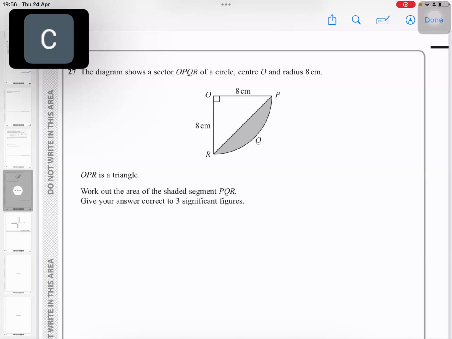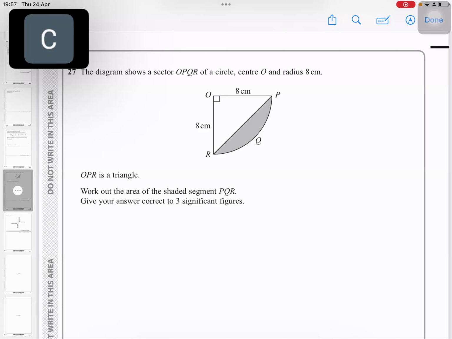Okay, then for the triangle, its area would be half base times height, isn't it? Yes. So for its base, you can use any of those 8 as its base. So you can say half times 8 times 8.